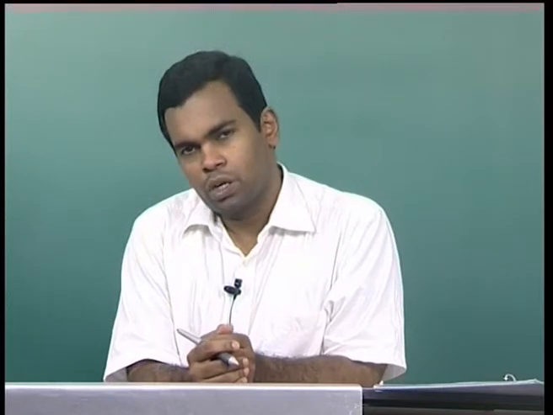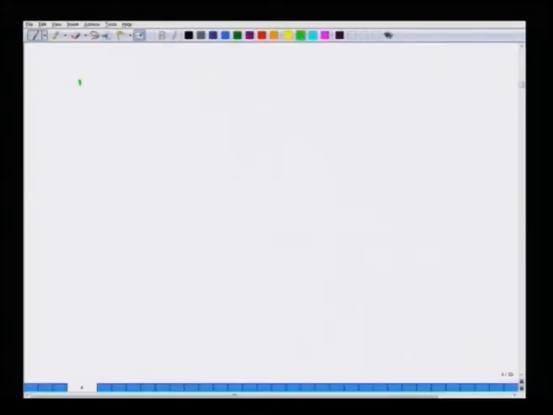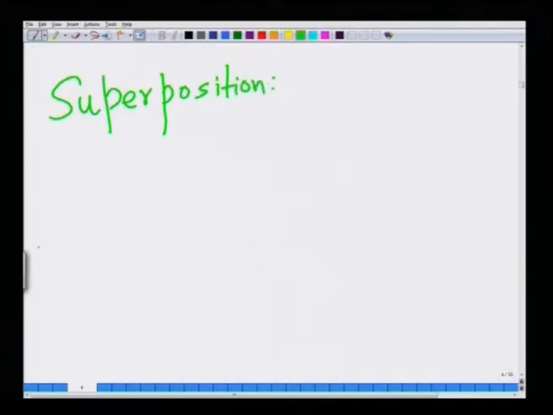Now, we are going to discuss a very important concept in potential flows, that is, what is called superposition. The Laplace equation that governs the stream functions and potential is a linear equation.